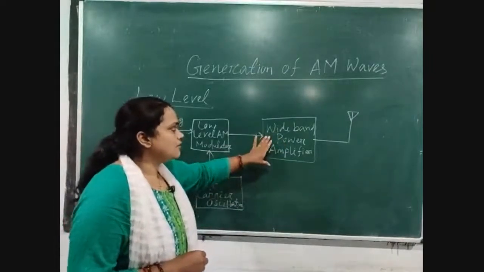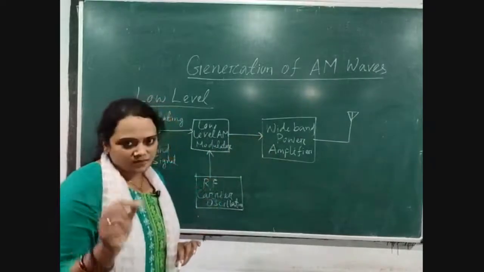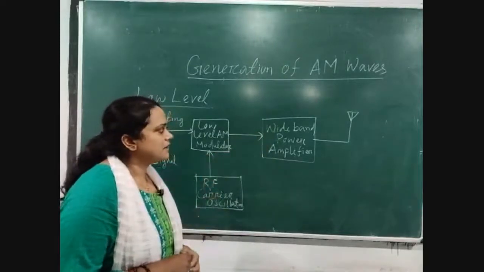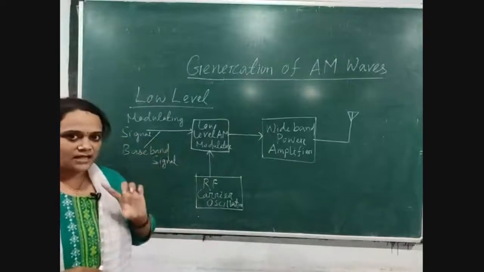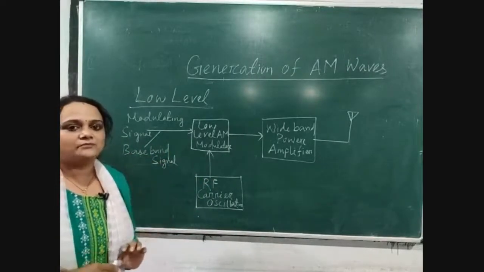But here we can ask: why don't we use a simple power amplifier? Why do we have to use a wideband power amplifier? Because, as we know, the information is contained in the sidebands of the AM wave.